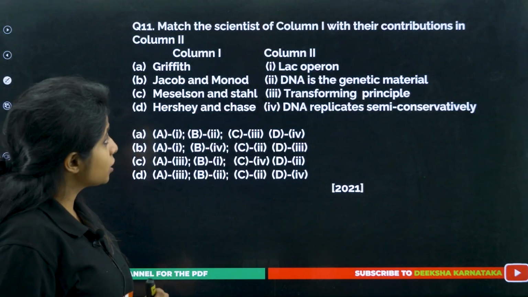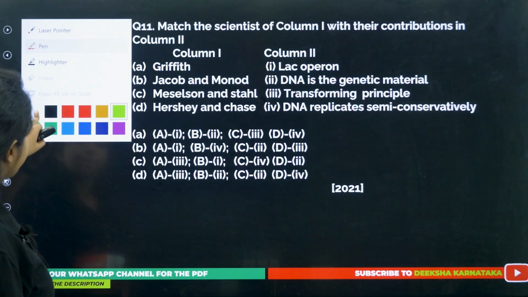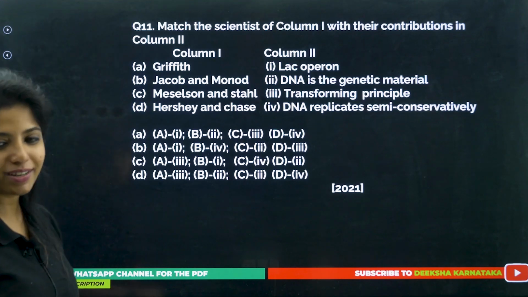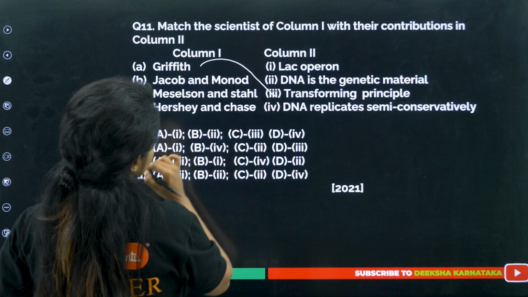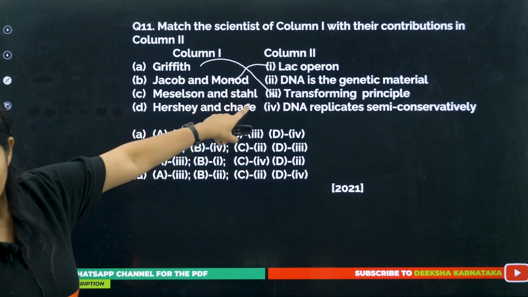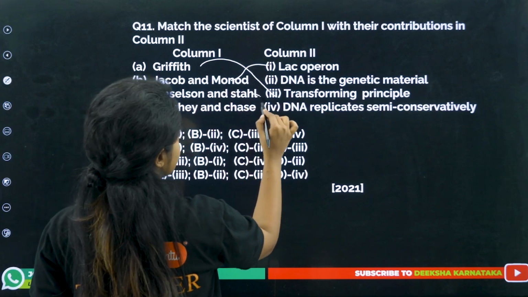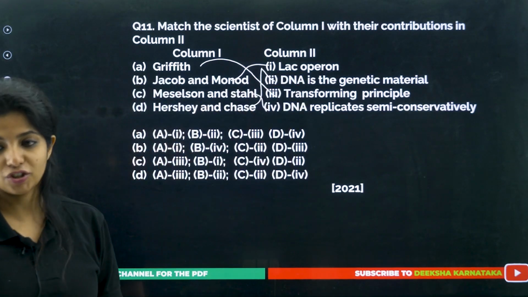Next question. Match the scientist of column 1 with the contribution in column 2. Chalo, let's do. So Griffith, what did he do, children? Remember Streptococcus pneumoniae? So Griffith is with the transforming principle. Jacob and Monod is with the lac operon. Meselson and Stahl, I told you right now, DNA replicates semi-conservatively. Hershey and Chase, DNA is the genetic material.